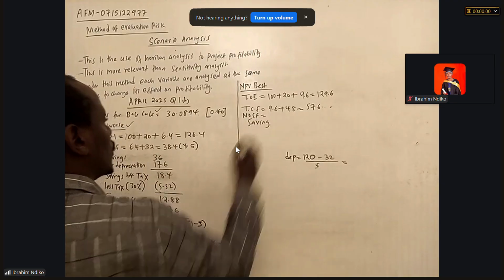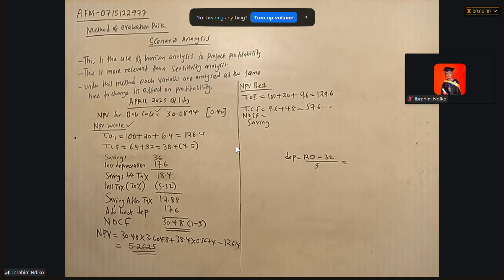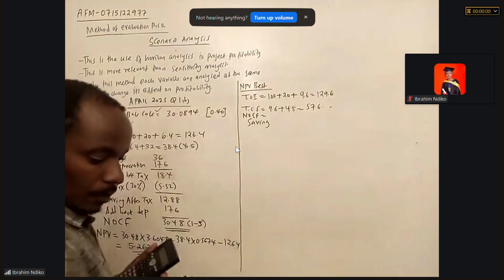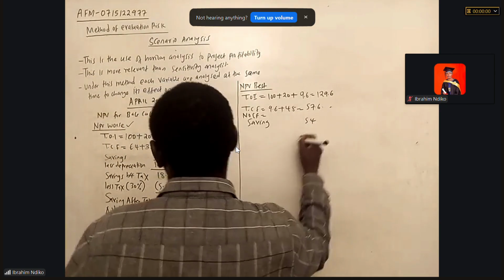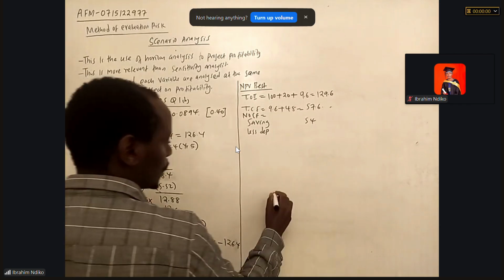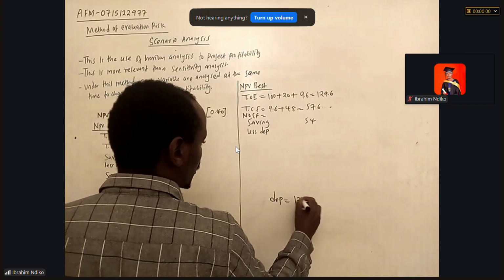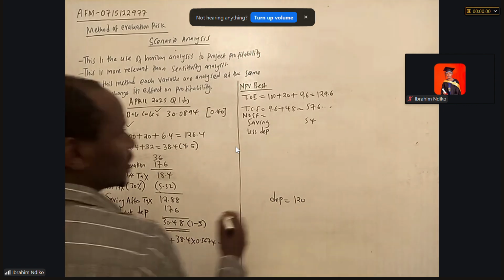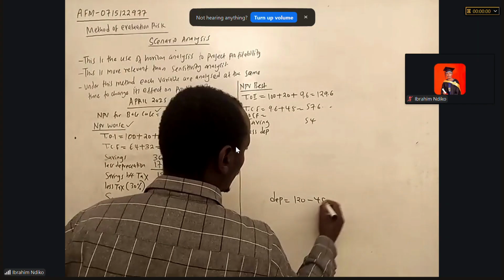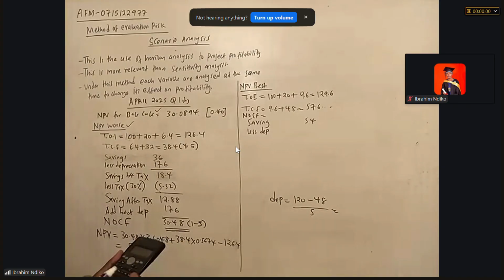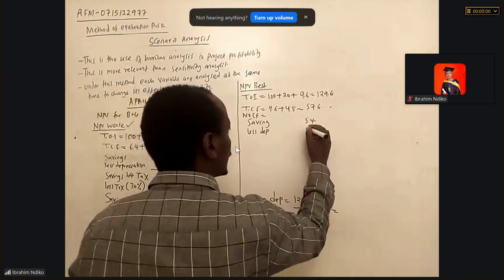What are our savings for that one? Savings are 54 million. We are supposed to get depreciation. We take the effective cost, 120, minus salvage value of 48, divided by 5, which is 14.4.